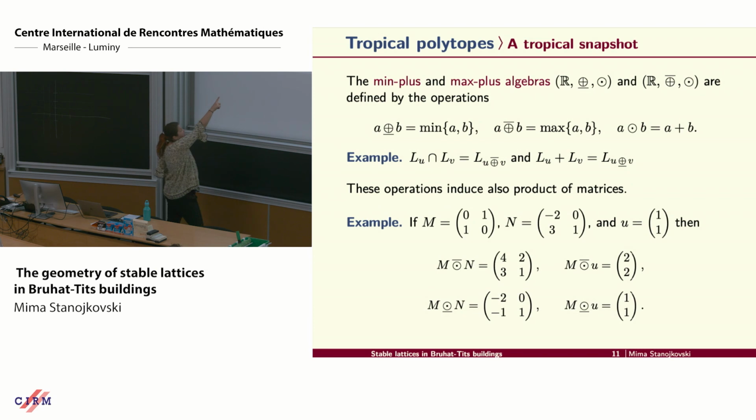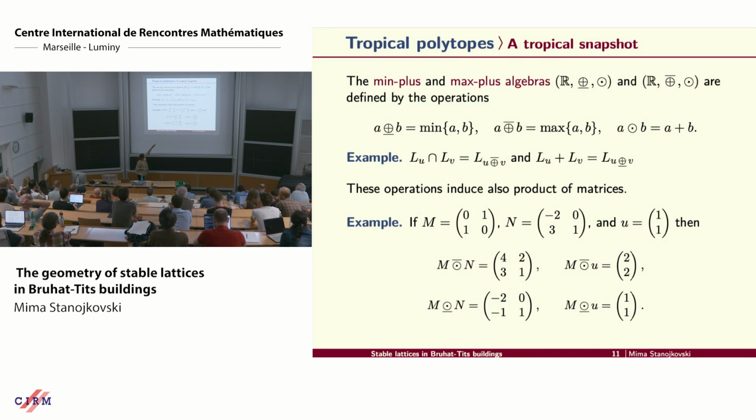So if I multiply m with n, let's see them both at the same time. Let's see the (1,1) entry, what I would get. I would have 0 times minus 2, this is a sum, okay, so it's minus 2, plus, to be determined, 1 times 3, which is 4.